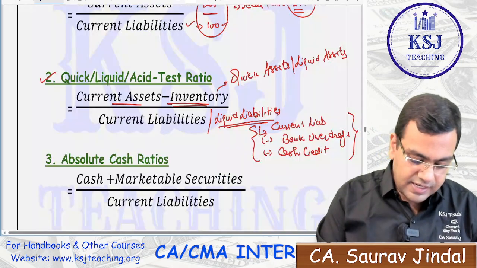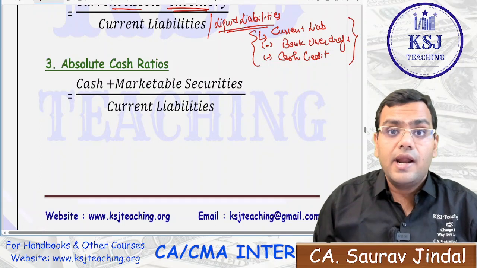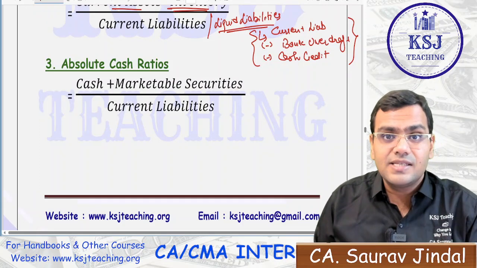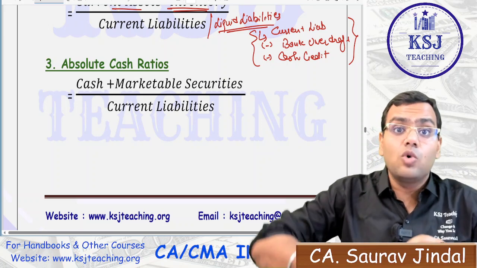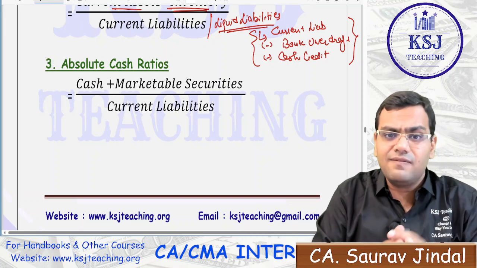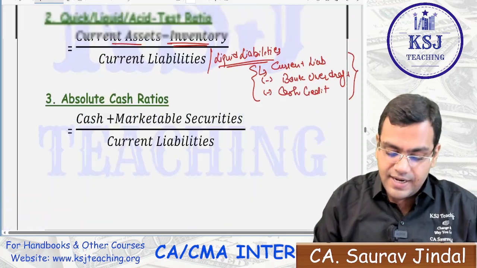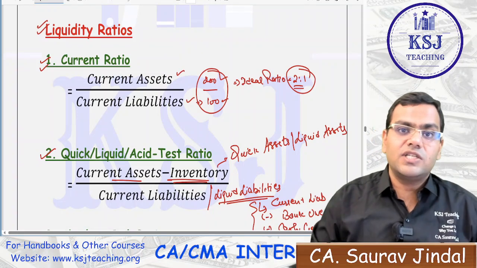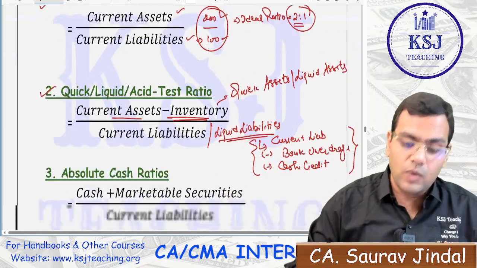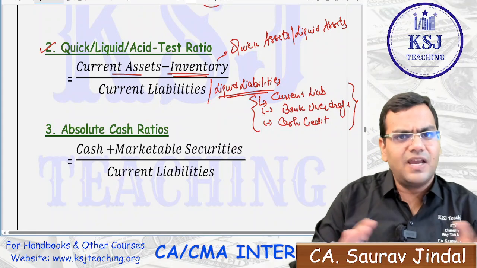So this is regarding the quick assets. Then absolute cash ratio. Now absolute cash ratio says that only those current assets which can be quickly converted into cash, let's say within a period of 1.5 months or 2 months maximum, right? Any current asset which can be converted into cash within a period of 1 year. Quick asset is which can be converted into cash within a period of, let's say, 5 to 6 months.